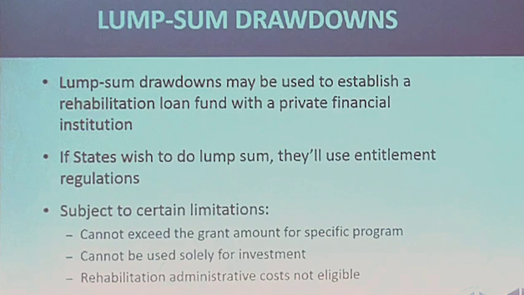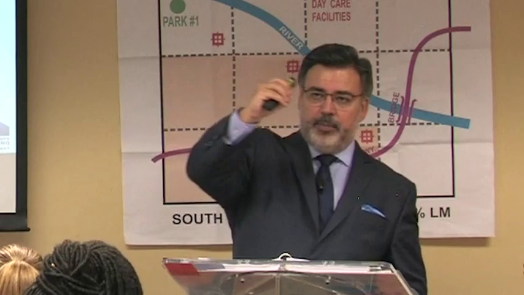Rehabilitation administrative costs are not eligible. This is just the loan portion of the actual construction costs, okay? So it's a way of making sure those funds are deposited in there.